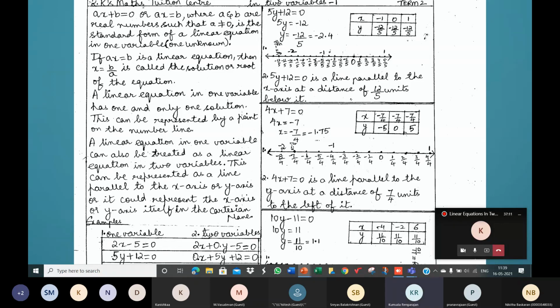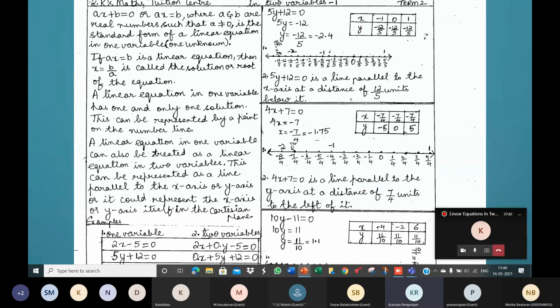And when you equate a linear polynomial to 0, it's called a linear equation. And in this case, a linear equation in one variable x. Now, when we take the first example, x plus 2, x plus 2 is a linear polynomial.